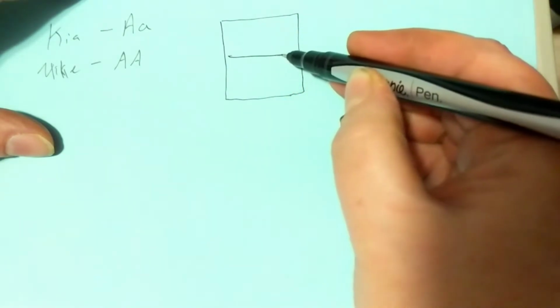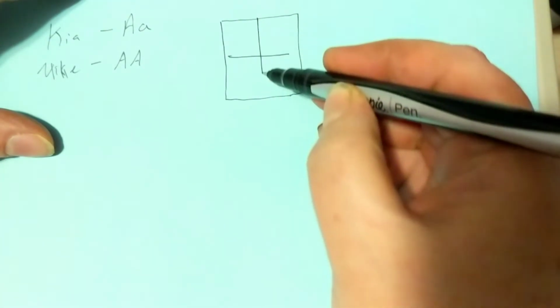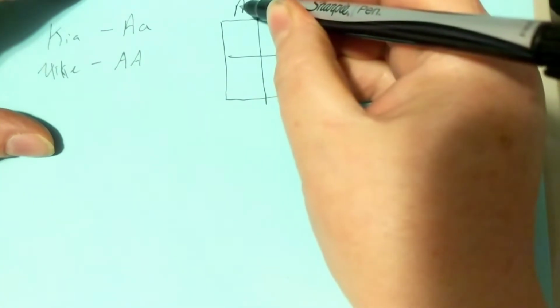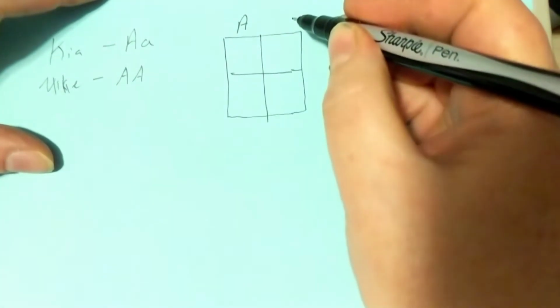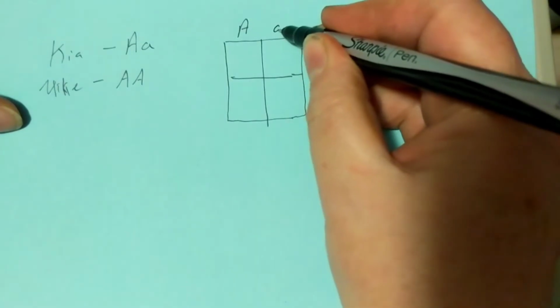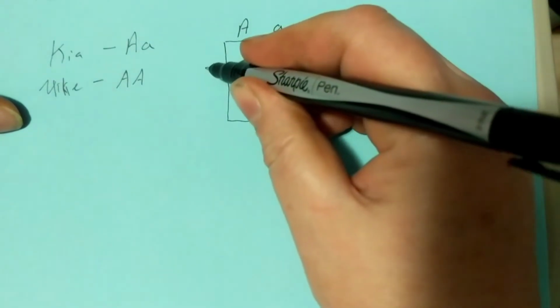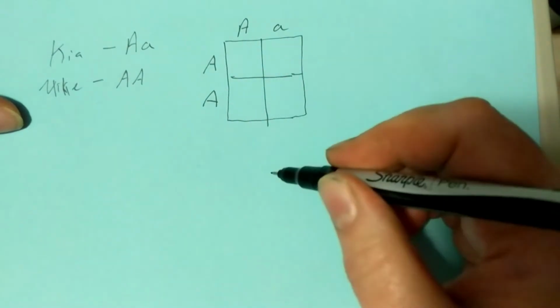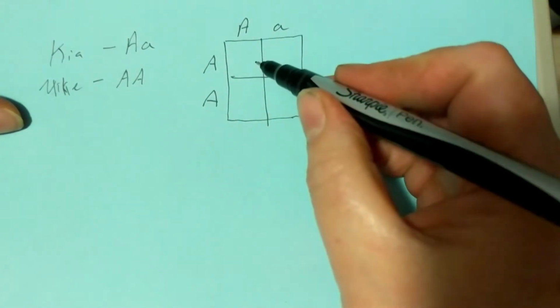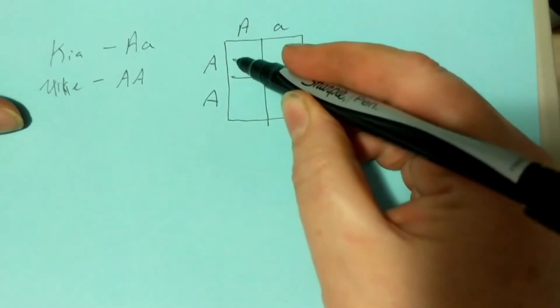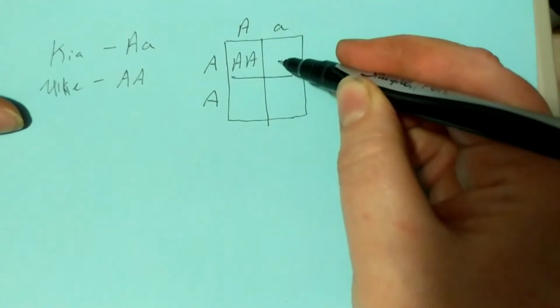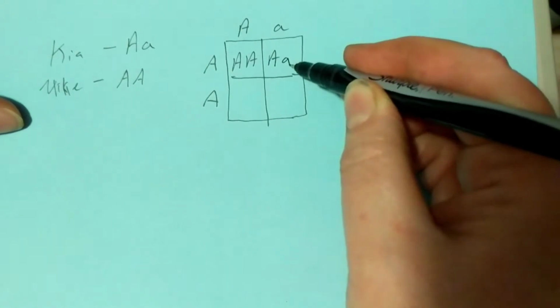So we draw our Punnett square, and Kia can give the baby a dominant copy of the gene or a recessive copy of the gene. Michael can give a dominant copy or a dominant copy. Now, we do our cross, and we fill in our squares.